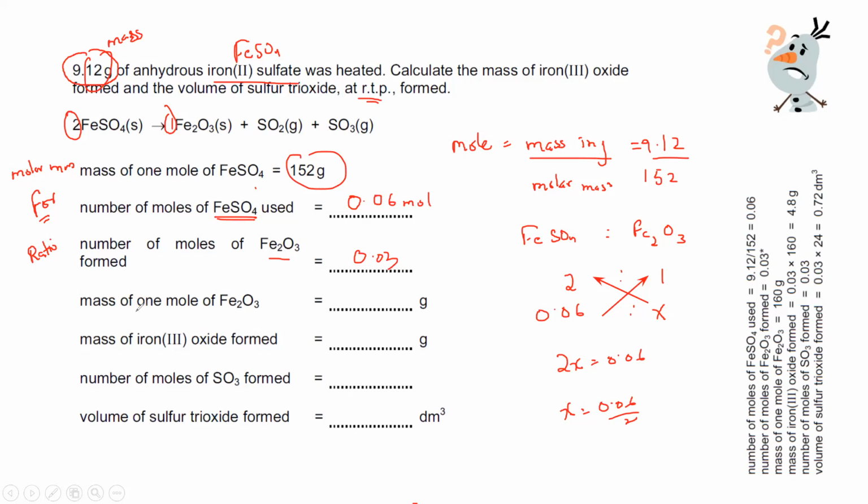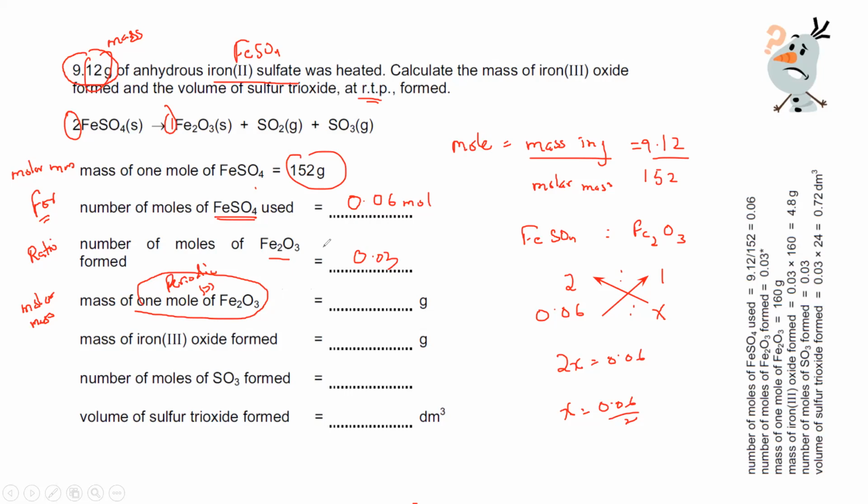Then the third part, mass of 1 mole. The mass of 1 mole means molar mass. Yes, Hiba, do you have any question? So mass of 1 mole refers to molar mass. And how do we get the molar mass? Molar mass is always from the periodic table.